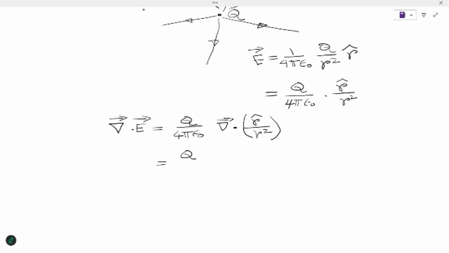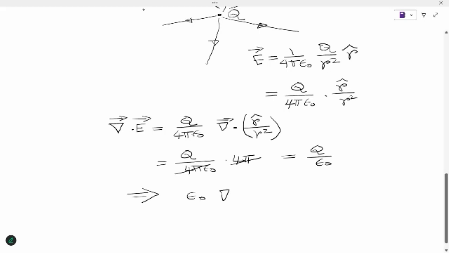So Q by 4 pi epsilon naught into 4 pi. So 4 pi cancels out. So it becomes Q by epsilon naught. So epsilon naught divergence of E becomes Q.